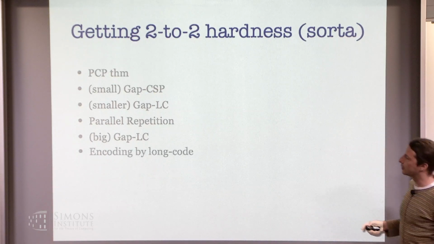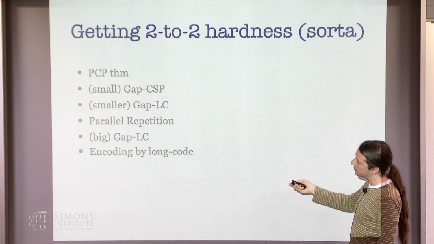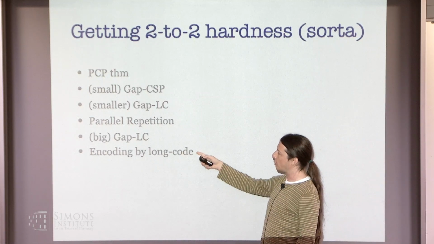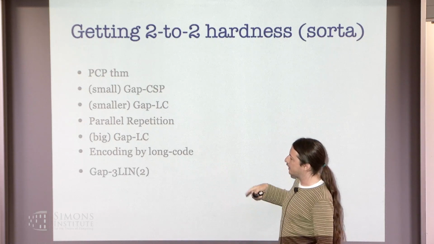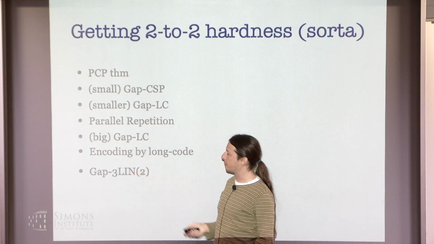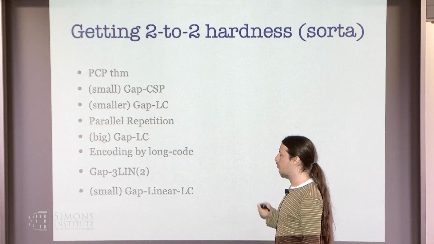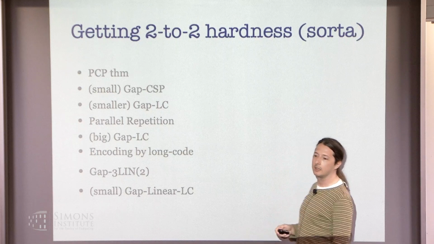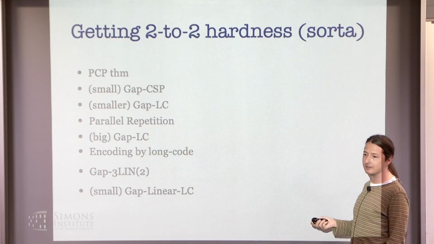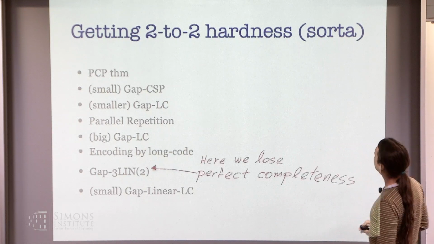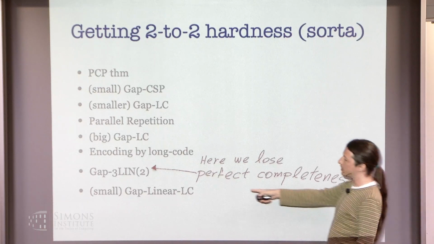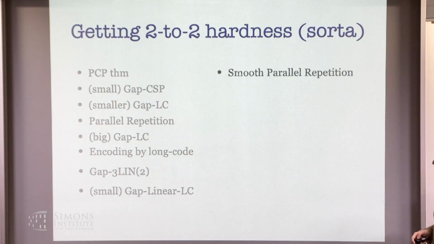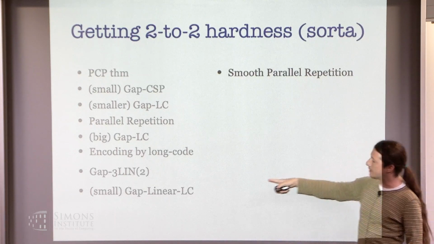So instead, you can follow Hastad's tricks and encode everything by the long code, and get hardness for 3 linear equations mod 2, and then from that get a small gap for label cover, which is linear. By using hardness for 3-Lin, you lose completeness, and then that's a small gap.